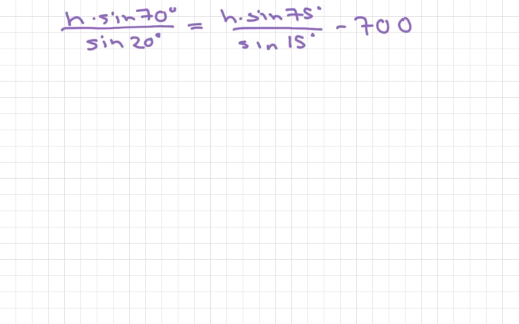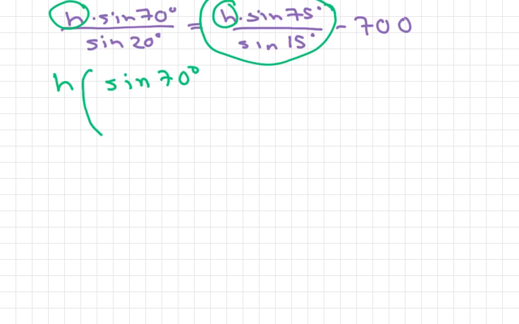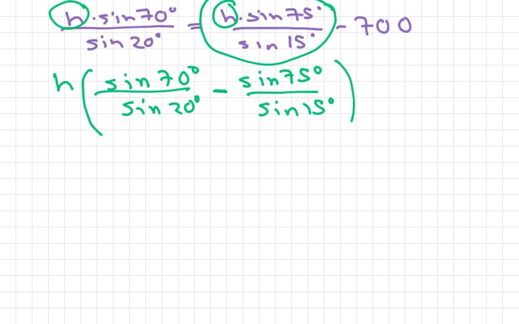Now, I'm going to group the two h's here, because I want to group them together. So I'm going to move this quantity over to the left-hand side and factor out an h. So I factor out an h, and then I'm going to have sine of 70 degrees over sine of 20 degrees minus sine of 75 degrees over sine of 15 degrees, equals negative 700.